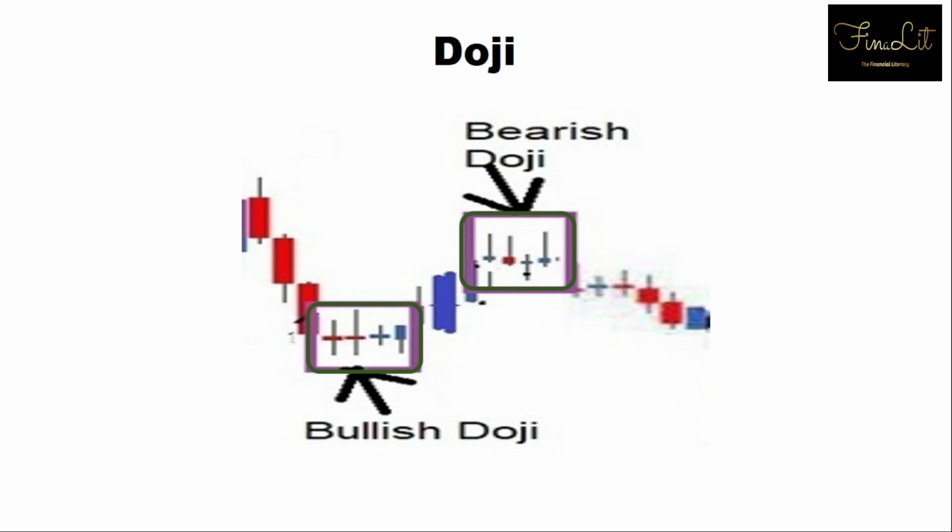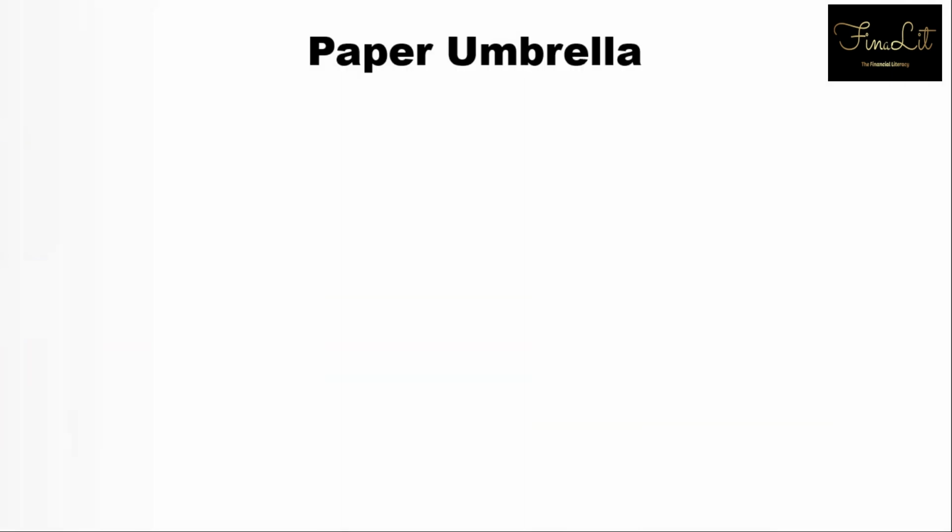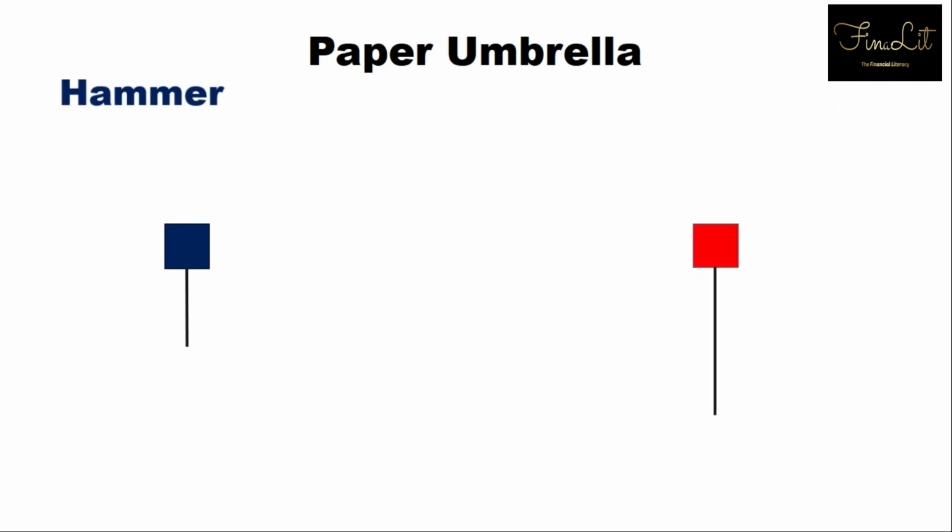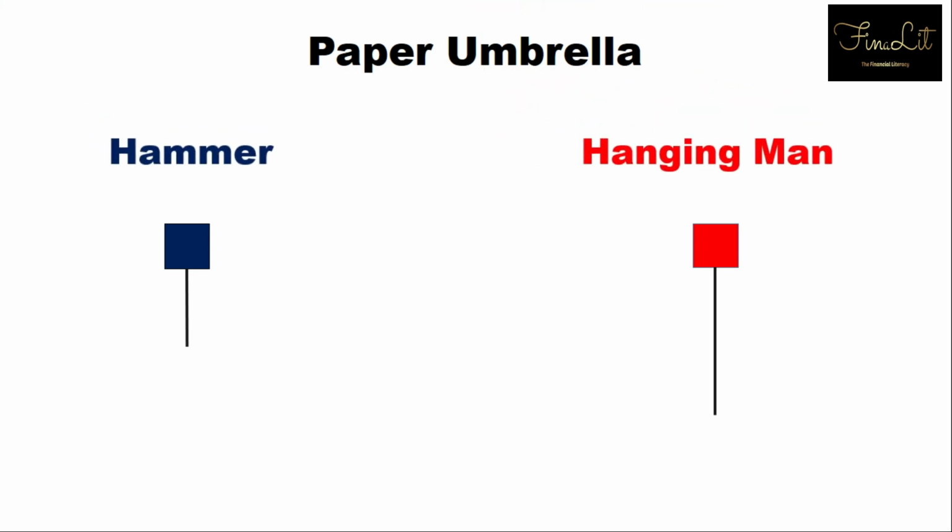Paper umbrella. A paper umbrella consists of two trend reversal patterns, namely the hammer and the hanging man. A paper umbrella has a long lower shadow and a small real body. Upper shadow will be very small or even no upper shadow.